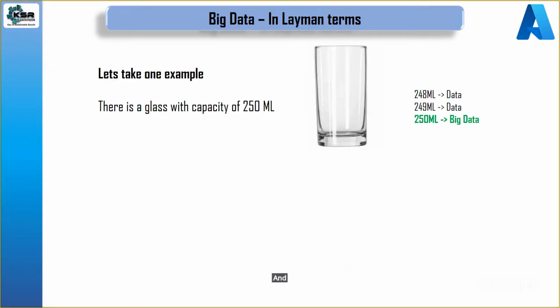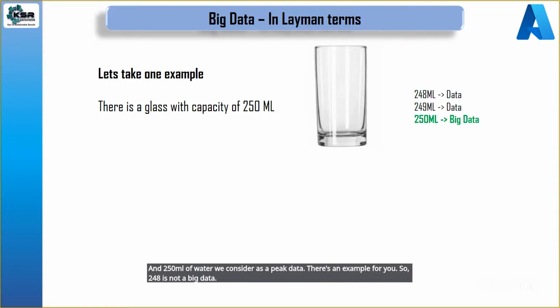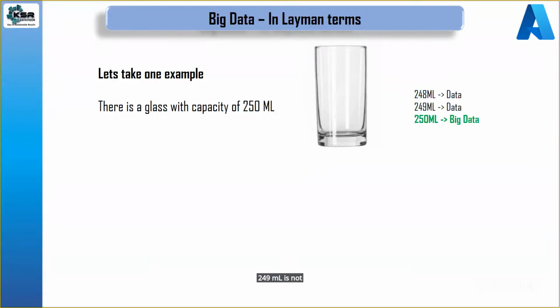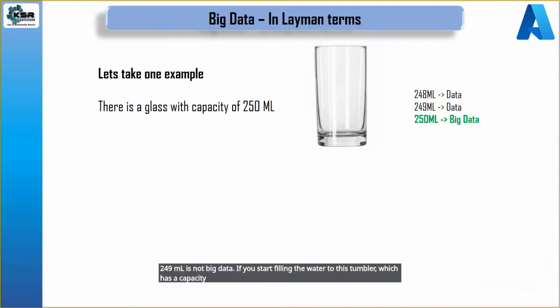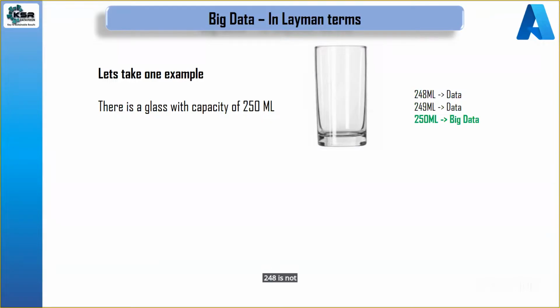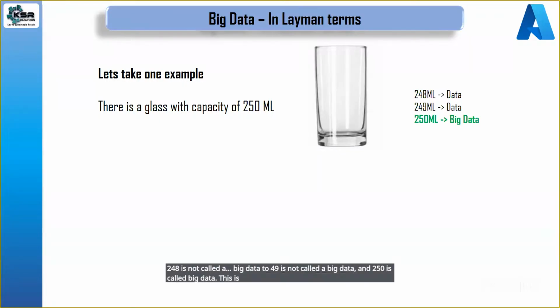And 250 ml of water we consider as big data. This is an example for you. If you start filling water into this tumbler, which has a capacity of 250 ml, 248 is not called big data, 249 is not called big data, and 250 is called big data. This is the capacity of the tumbler.